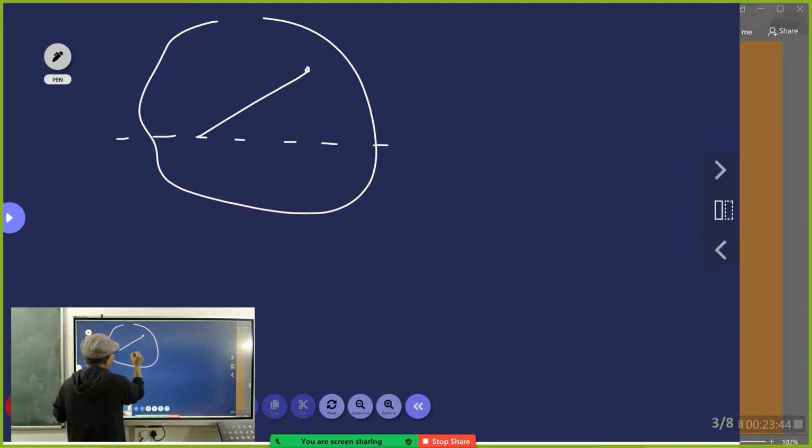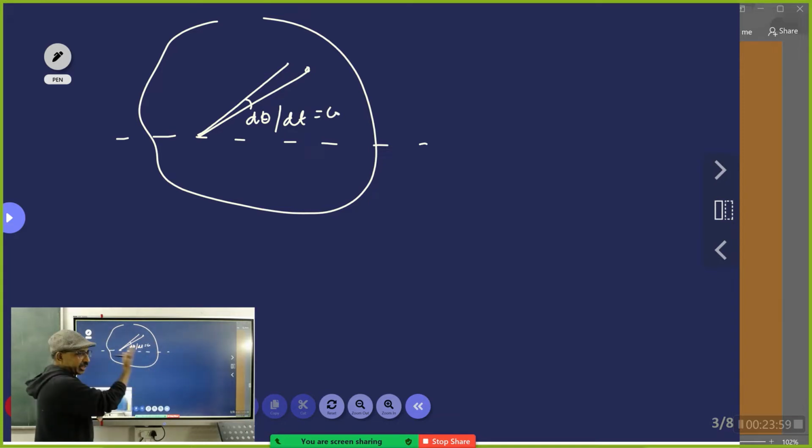I can draw any reference line. This is a reference line. Now this line itself will move through an angle d theta in time dt. Therefore d theta by dt will be omega.